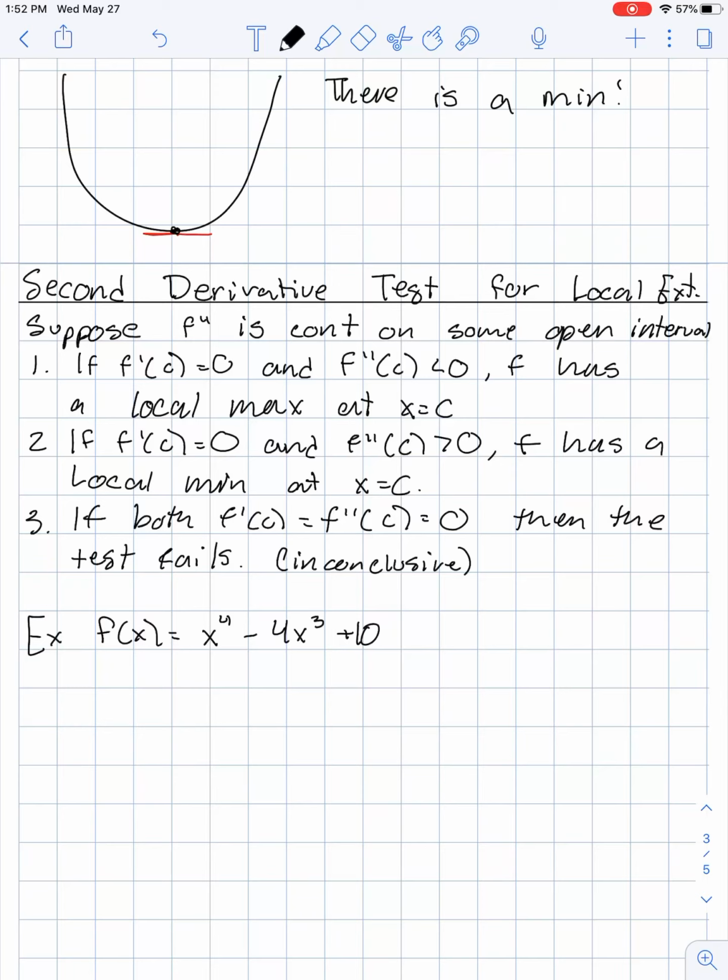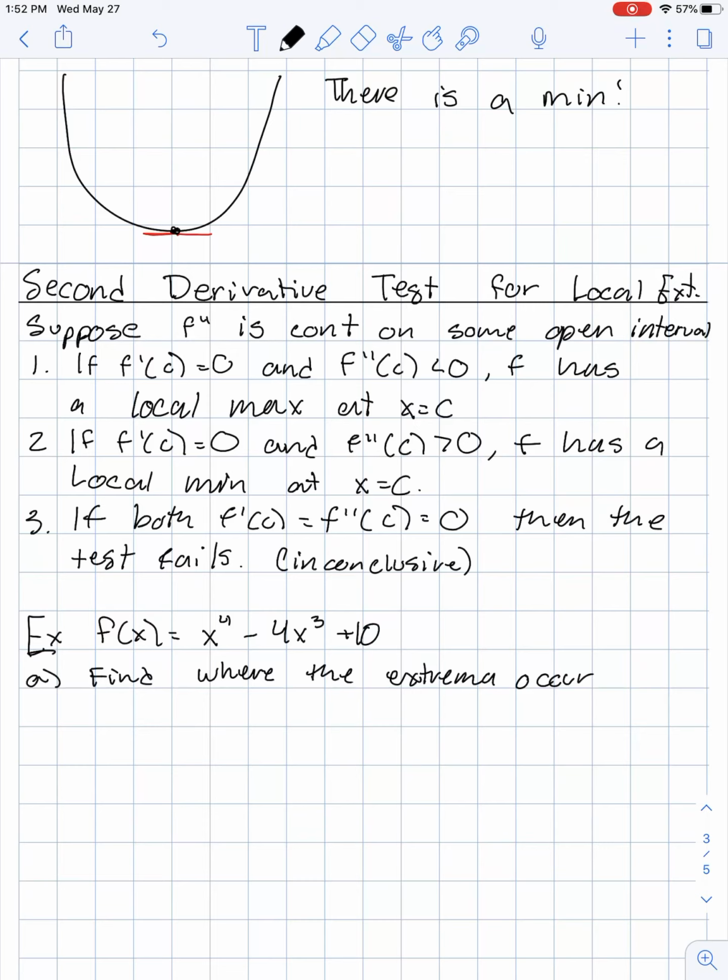And we're then asked to find where the extrema occur. Sorry, there's two parts and I thought about combining them, but I don't feel like it right now.